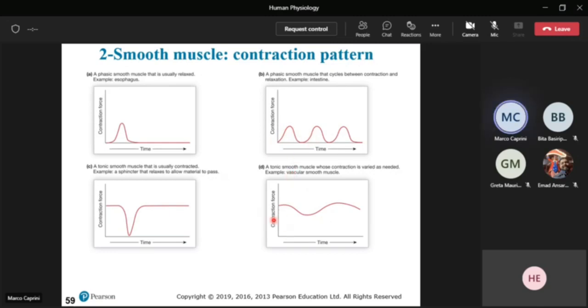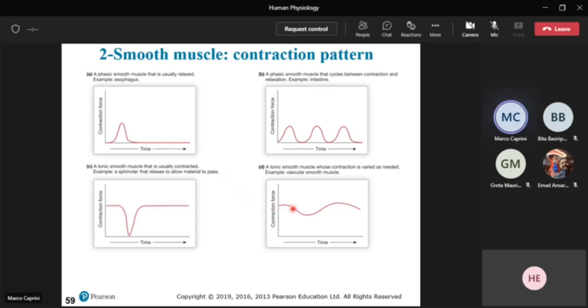Differently, a tonic smooth muscle, like this one, is a vascular smooth muscle that is usually tonically contracted. You can see here, this muscle is continuously contracted. These muscles are called tonic smooth muscle.